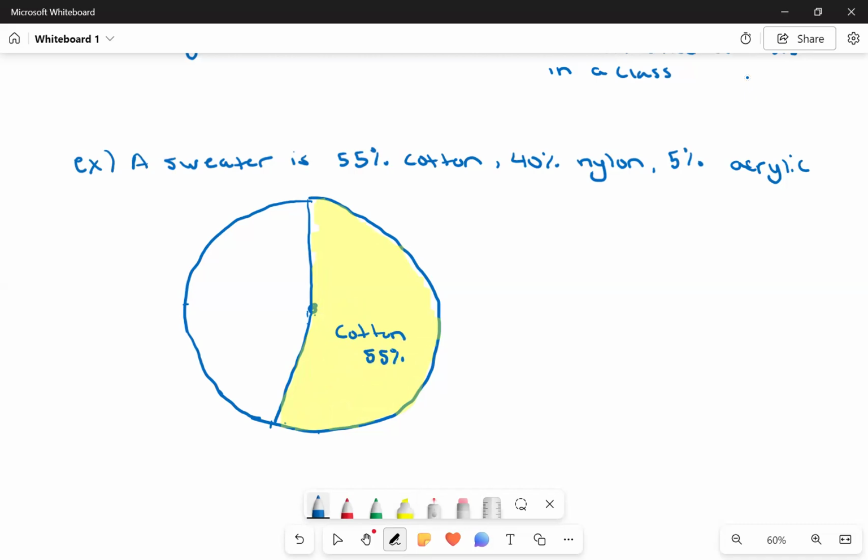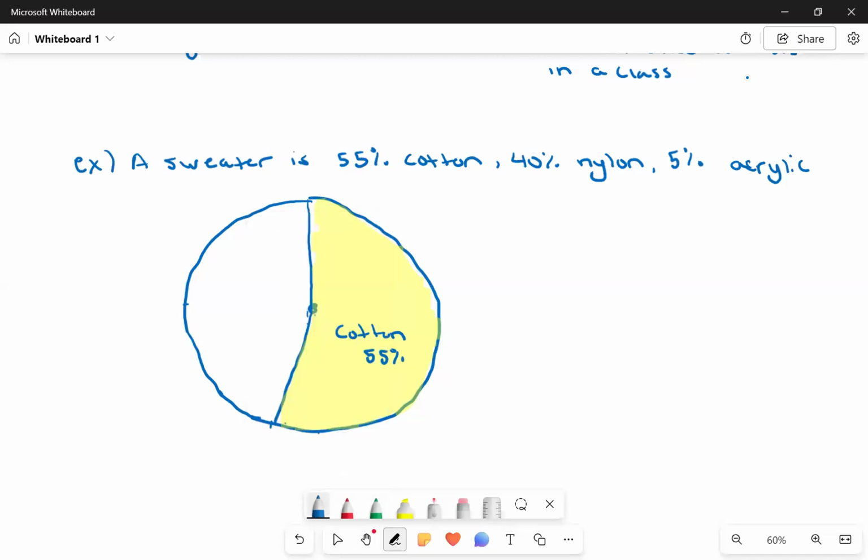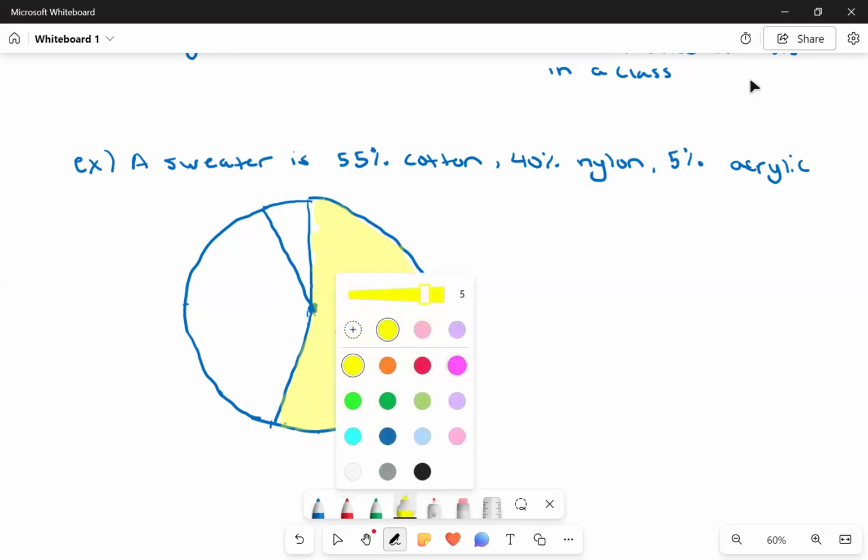Here, let's do acrylic because I kind of measured out the wedge for 5%. So I kind of visualized it to be about here. I'm going up top just to try to draw it up there. Let me get a different highlighter color. Let's do pink.